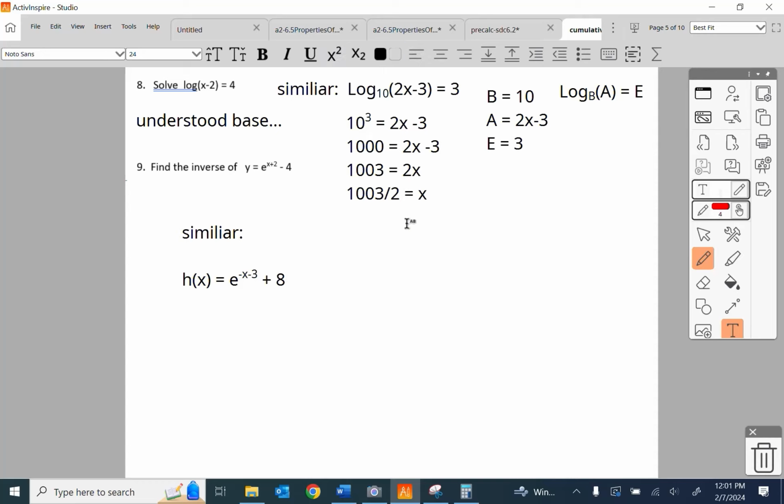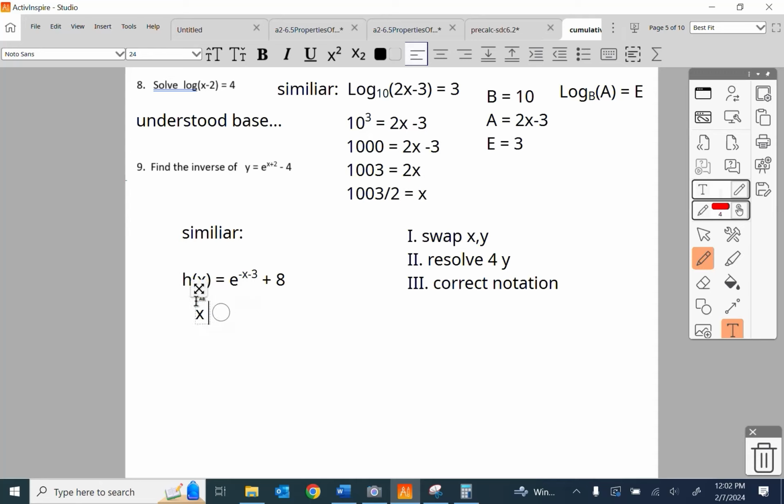And here's your 3 steps writing inverse. We swap x and y. We resolve for y. And we use correct notation. That's all we do. So we literally get the h out of this thing.